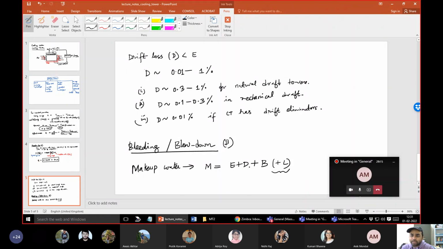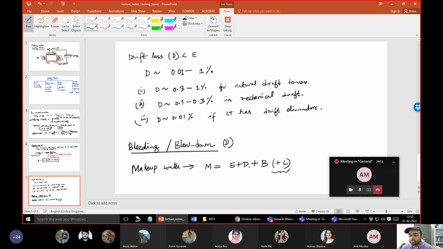So there is a lot of piping network in the cooling tower, and this cooling tower is also quite large. Generally the cooling water flow rates start from 100 meter cubes per hour to 500 meter cubes per hour, right? 1 meter cube is equivalent to 1000 liters. So you can really understand the scale of the water that goes into this process, and that is per hour. If you make it over 24 hours, you can really imagine the amount of water that is handled in this kind of cooling water plants.